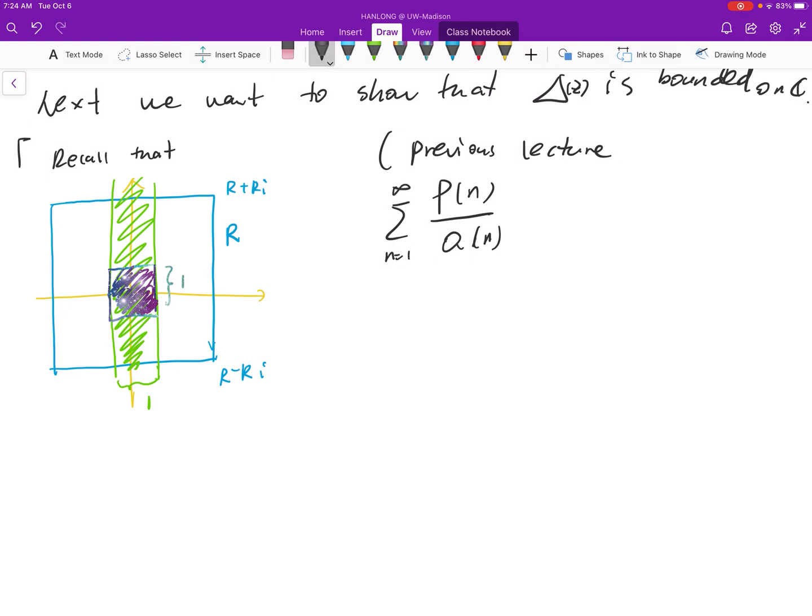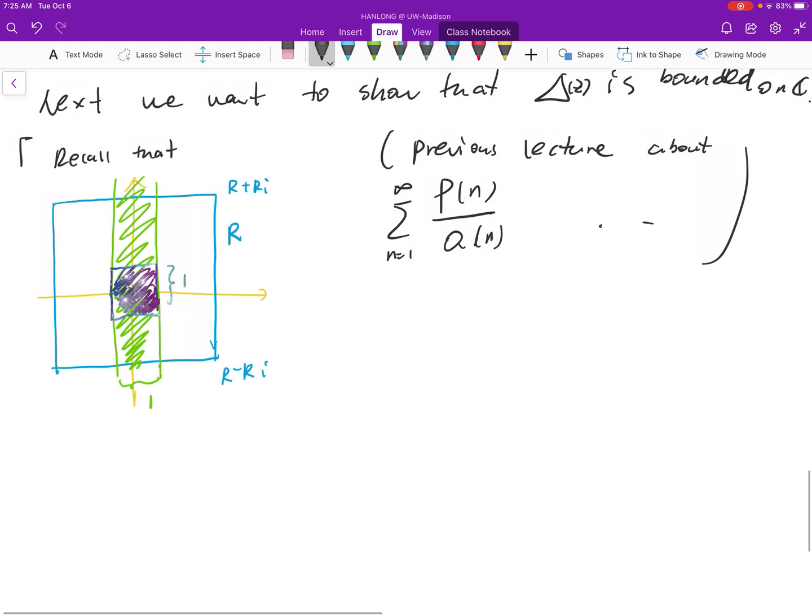Same argument, so we can see pi cotangent pi z is bounded by some constant when z is large.